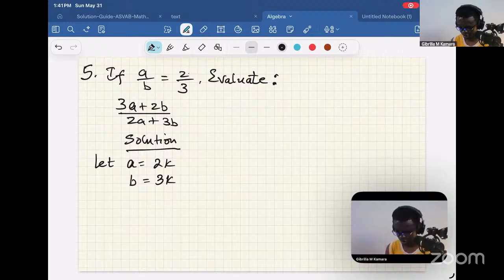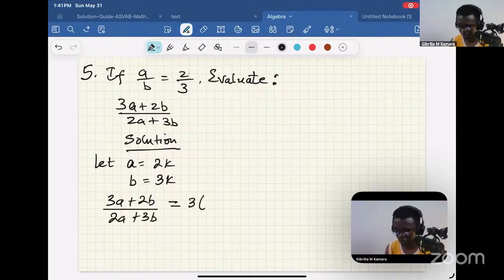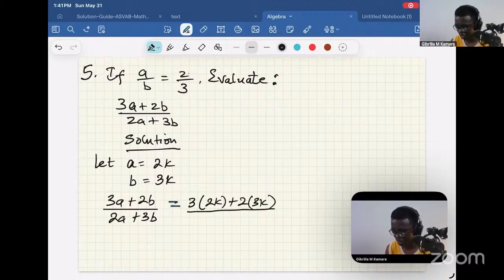Remember the expression is 3A plus 2B, all divided by 2A plus 3B. This equals 3 into A, which is 2k, plus 2 into B, which is 3k, all divided by 2 into A, which is 2k, plus 3 into B, which is 3k.